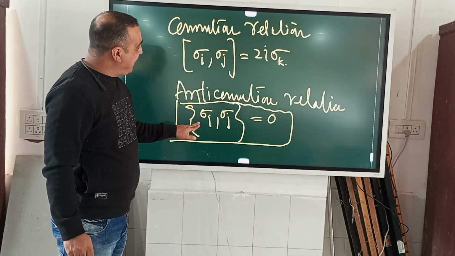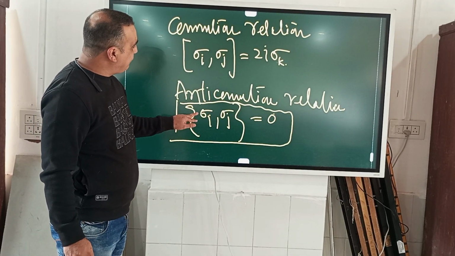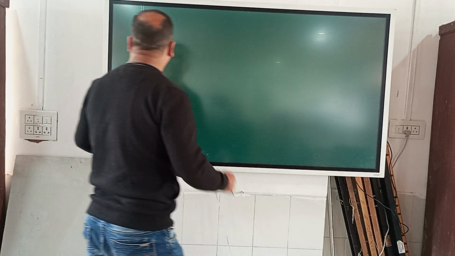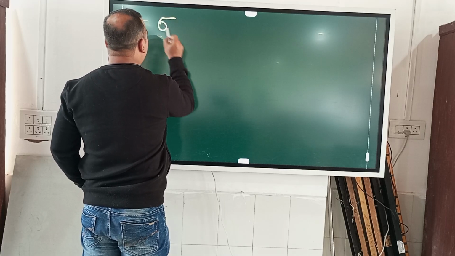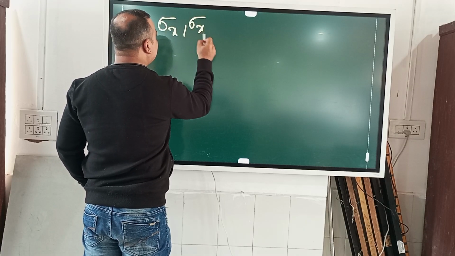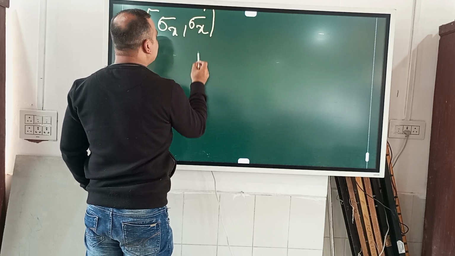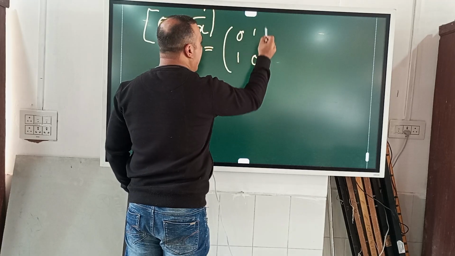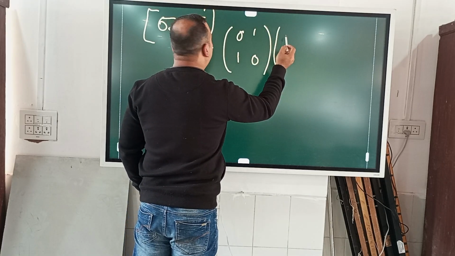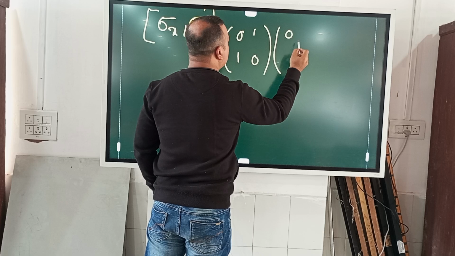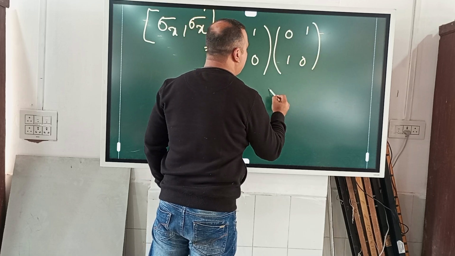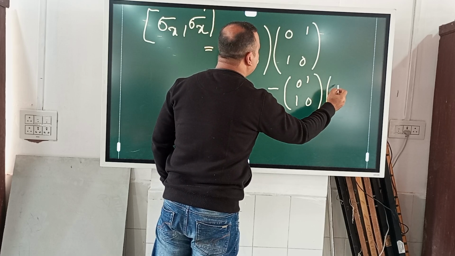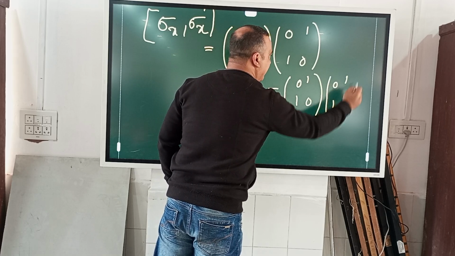Now if I calculate the same components, you can do that as well. You can calculate the commutation between sigma x and sigma x. This can be the first thing. So what will be the result here? What is sigma x? It is 0, 1, 1, 0. Multiply it by 0, 1, 1, 0, then minus 0, 1, 1, 0 and again 0, 1, 1, 0.